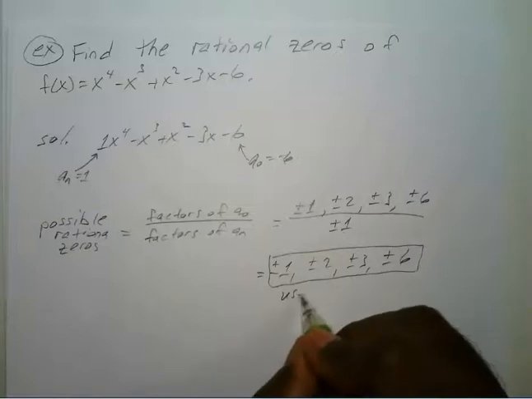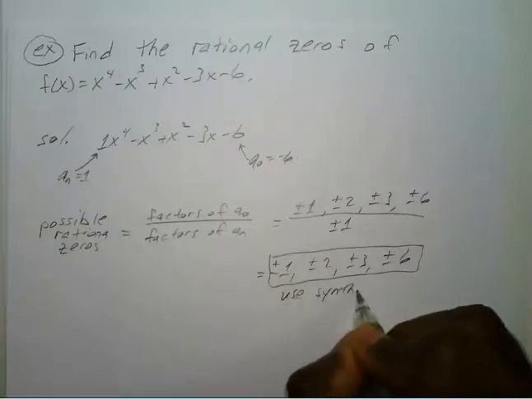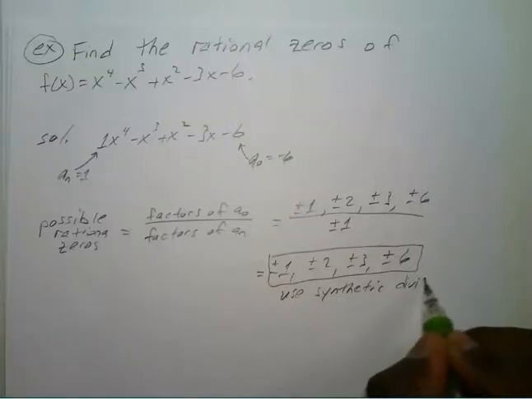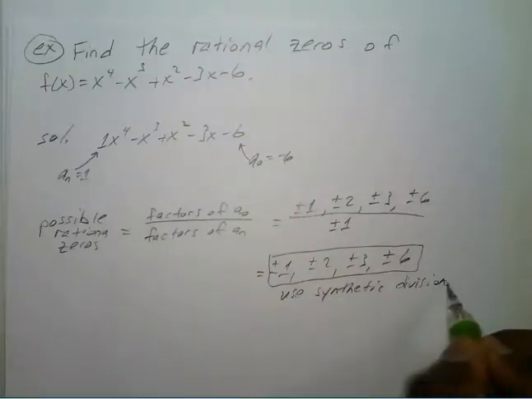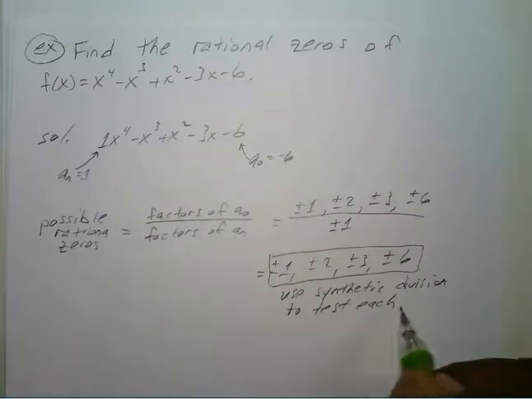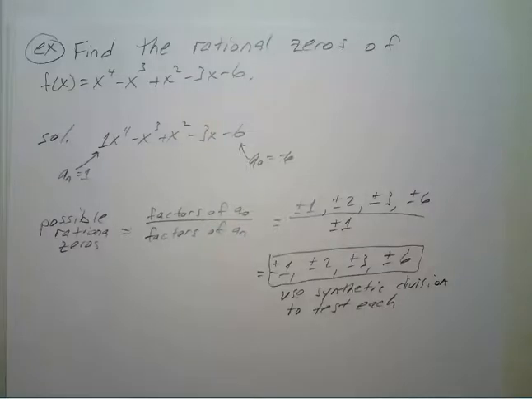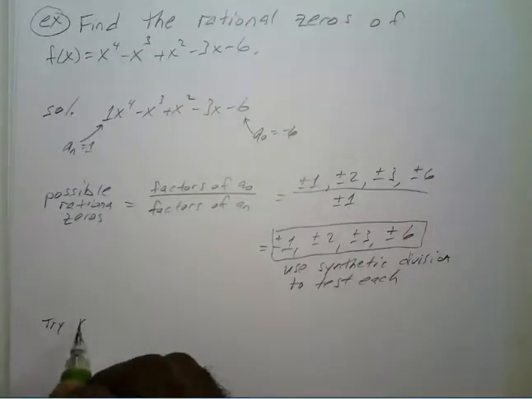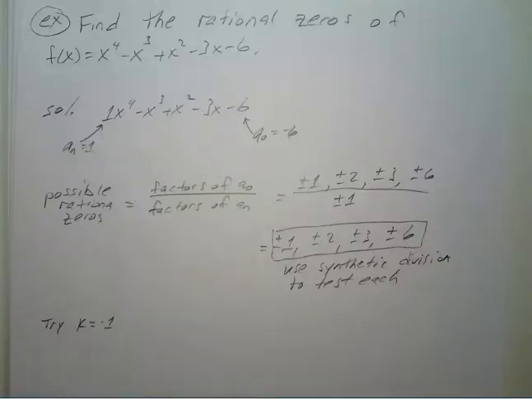We're going to use synthetic division to test each, at least until we come up with our answers. First thing we're going to do is try k equals negative 1.